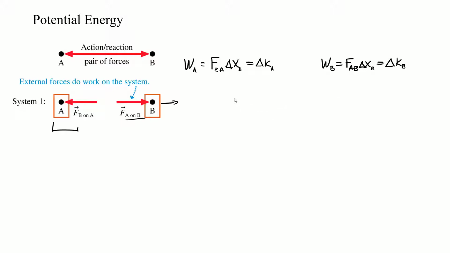So the change in kinetic energy of particles A and B together would be the increase in kinetic energy of A plus the work on particle B, which is just its increase in kinetic energy. If we look at both particles together using this analysis, we would see that the total kinetic energy would increase.